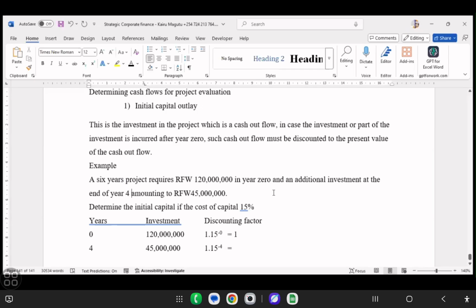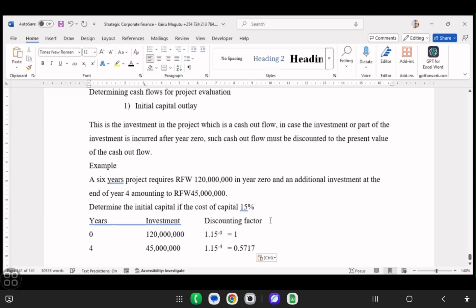I said at the end of year 4. Yes, that is correct. Thank you. Good. Let me see how much it is in 4 decimal places. It is 0.5717. I think this is what we have.